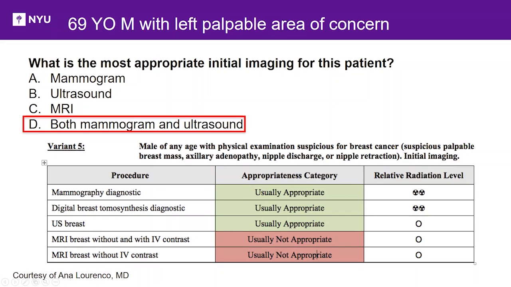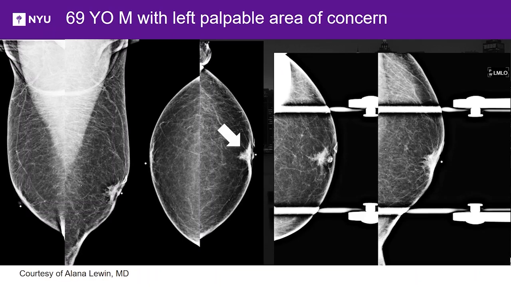Here, you want to do both imaging studies, mammography or the 3D tomosynthesis, along with ultrasound, to really figure out what's going on. And again, for initial imaging, I would not recommend MR. We can consider that after we diagnose a man with invasive breast cancer, but it is not the first-line initial imaging.